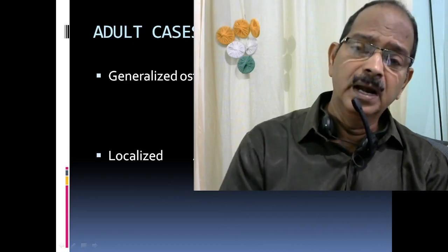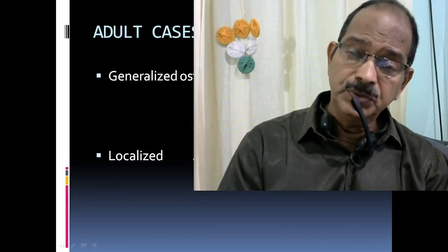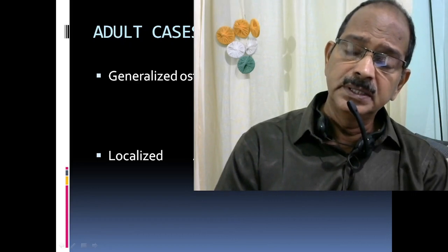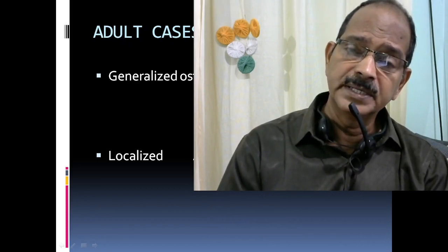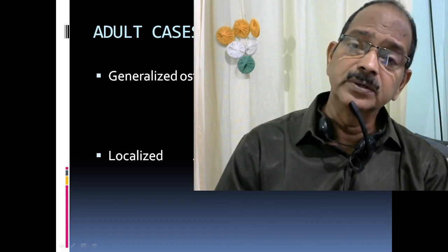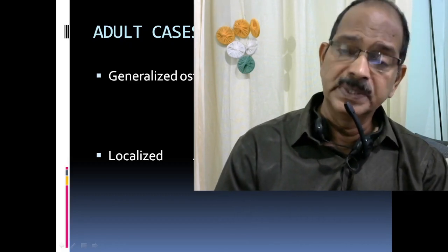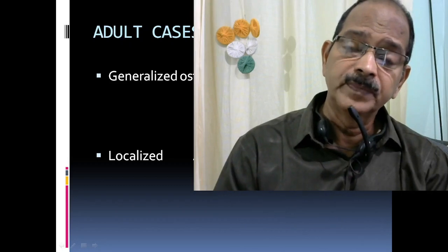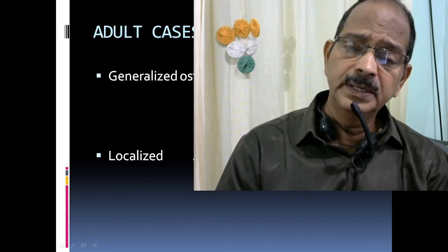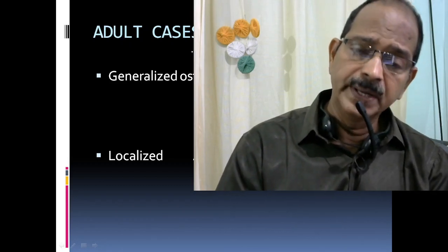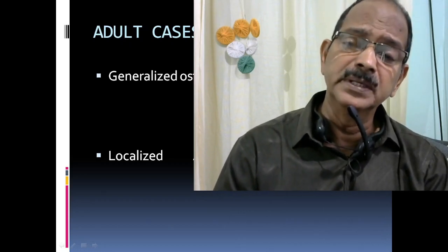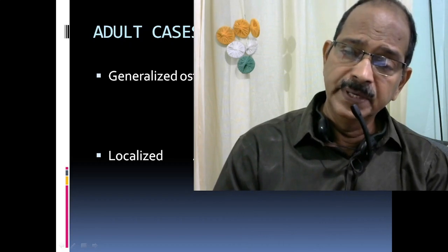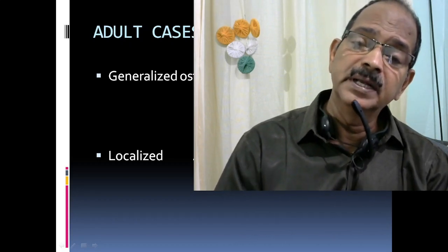In an adult, there are two scenarios. One is generalized, the fracture occurring in multiple sites. Commonest reason is osteoporosis, especially in a geriatric age group or even a little younger who are already having long duration bedridden and nutritional problems, especially vitamin D, and we need to consider this generalized osteoporosis.